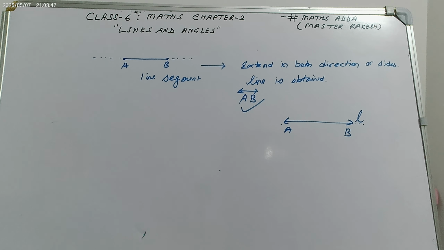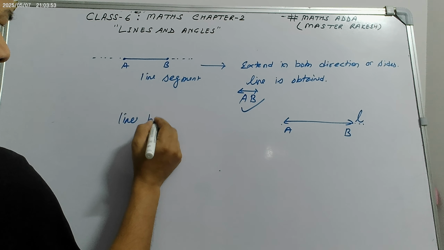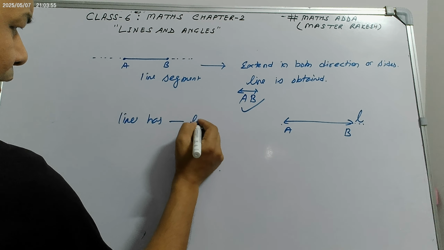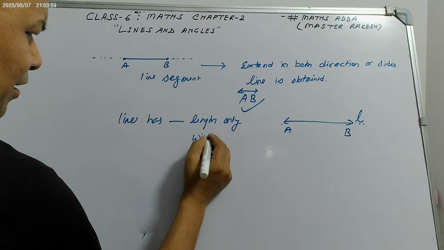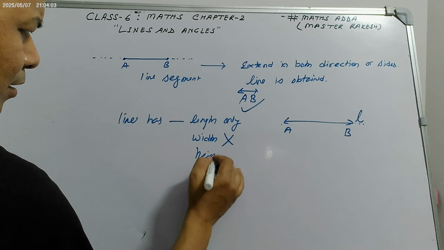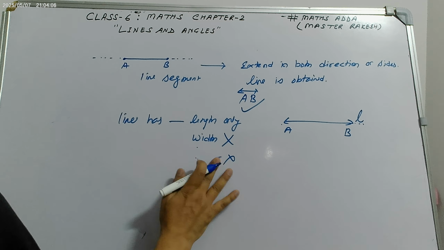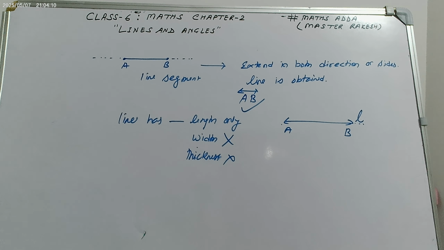A line has length only, it has neither width nor thickness. So a line has length only, no width, and height means thickness is not there. So a line has length only.